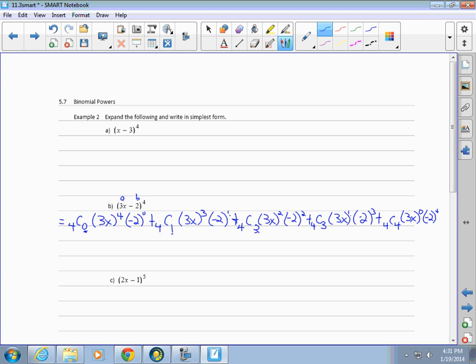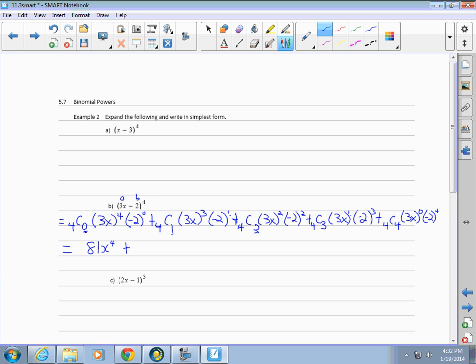So 4 choose 0, of course, is 1. 3 to the power of 4 is 81 times x to the power of 4. (−2)^0 is just 1.